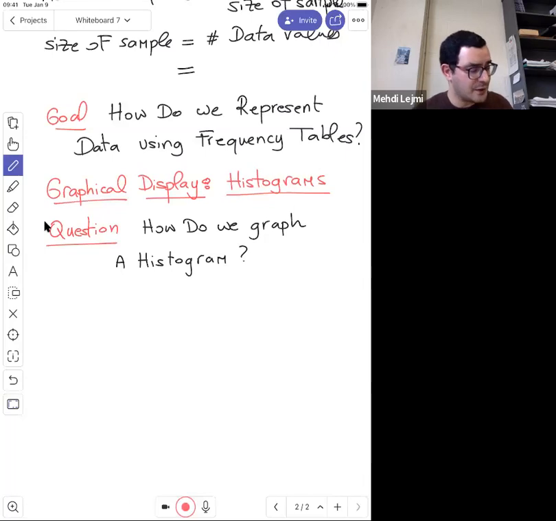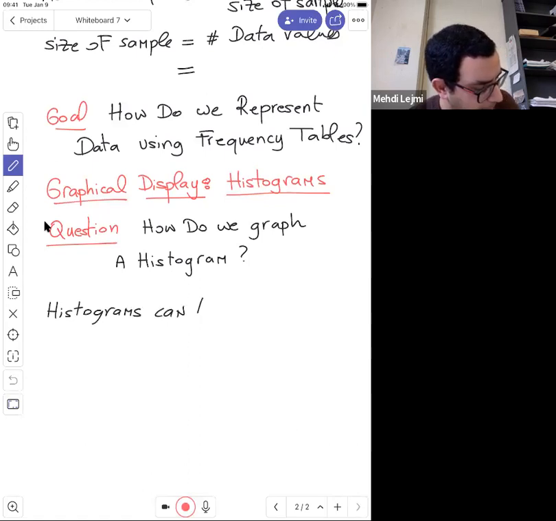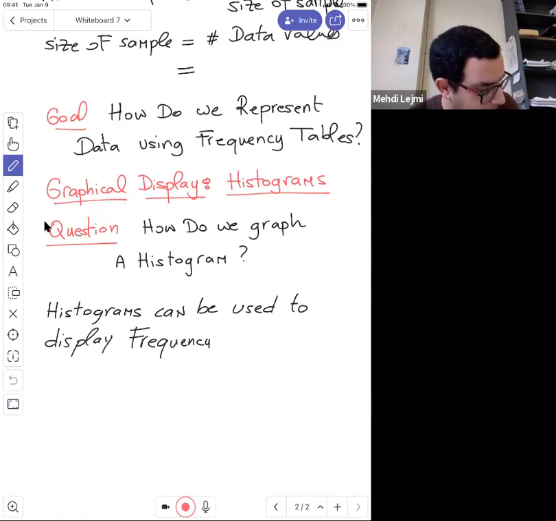That's why the histogram is useful. Histograms can be used to display frequency or relative frequency.